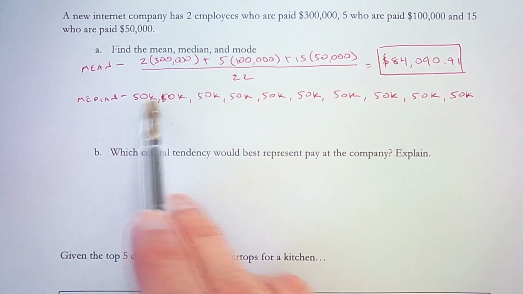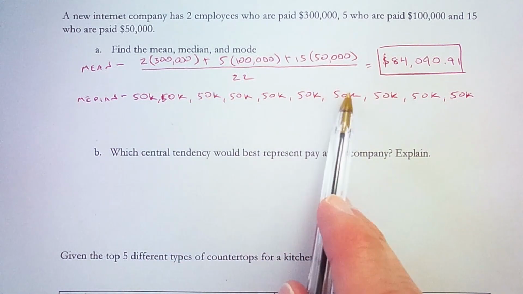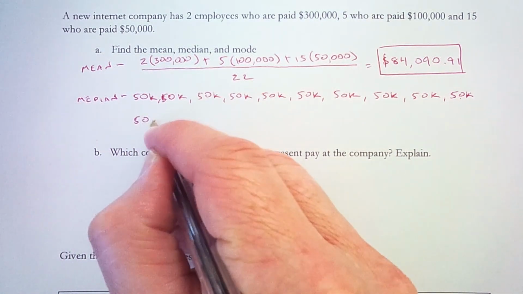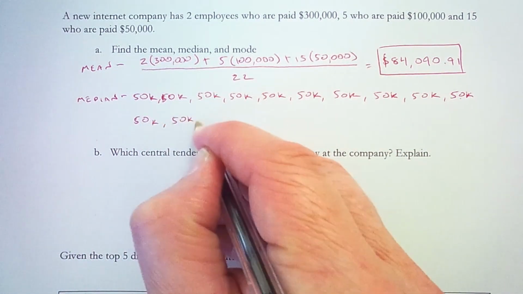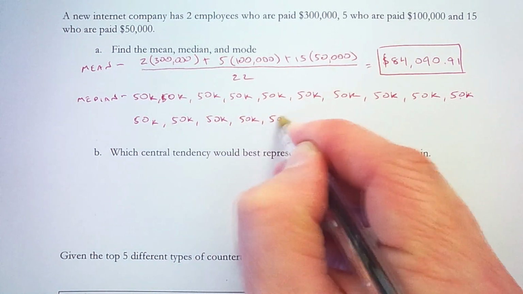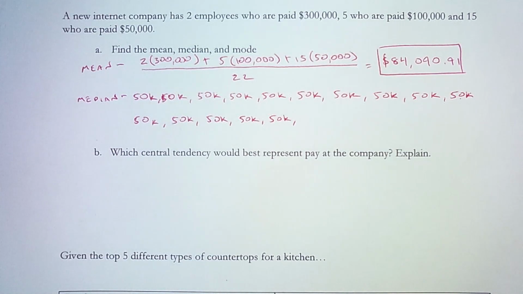See what we've got so far. 1, 2, 3, 4, 5, 6, 7, 8, 9, 10. So we need 5 more of those. So there are the 15 $50,000 salaries.